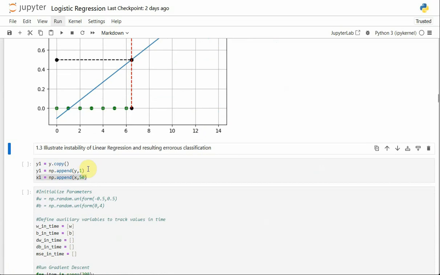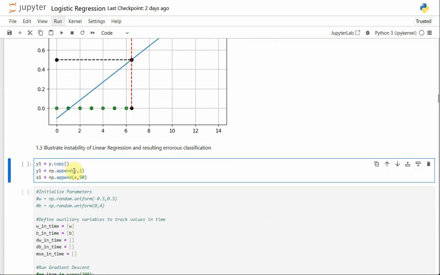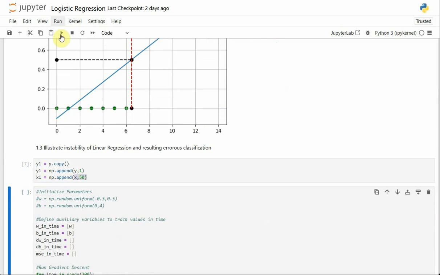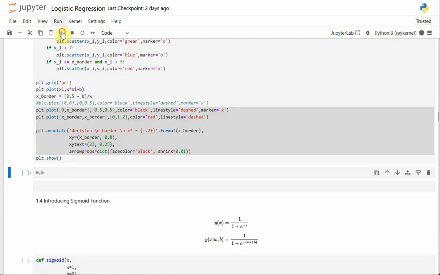So let's now extend our original data and add one more data point to the positive class, and let's assign x value equal to 50. So let's repeat the linear regression algorithm.